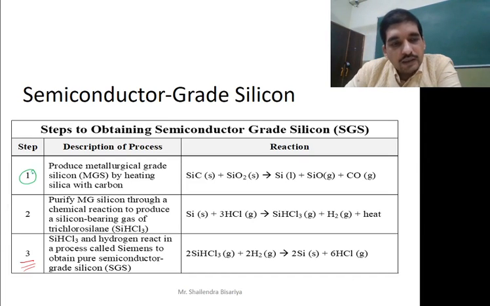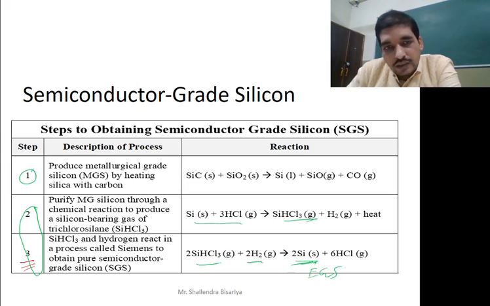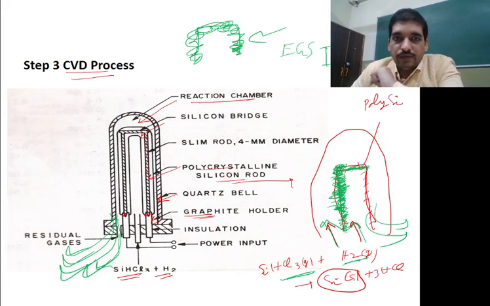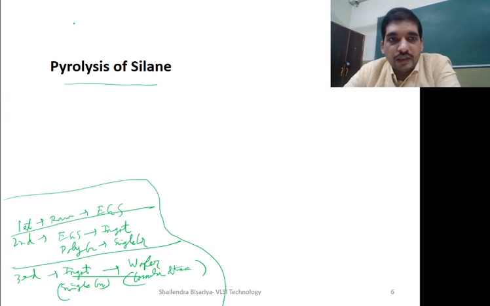Then from metallurgical grade silicon, using fractional distillation and sub steps 2 and 3, we obtain silicon in purified form, that is EGS, by reacting it with HCl to form trichlorosilane, and by reacting trichlorosilane gas with hydrogen to produce the silicon. So basically we combine SiHCl3 with H2 to give our silicon in solid form.